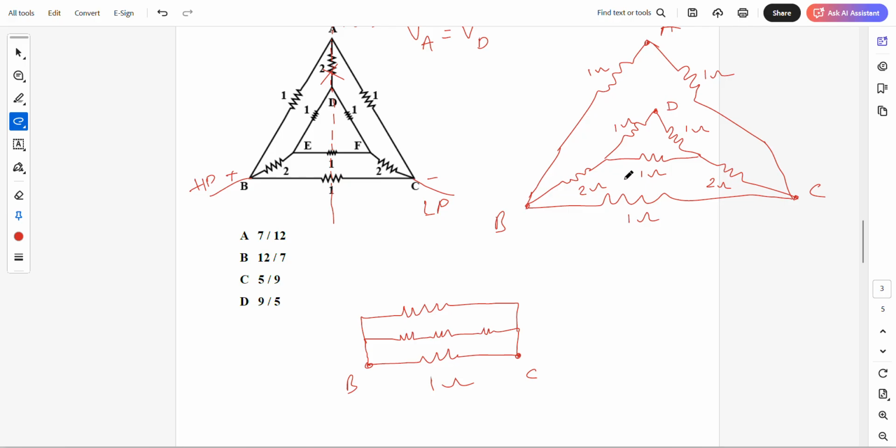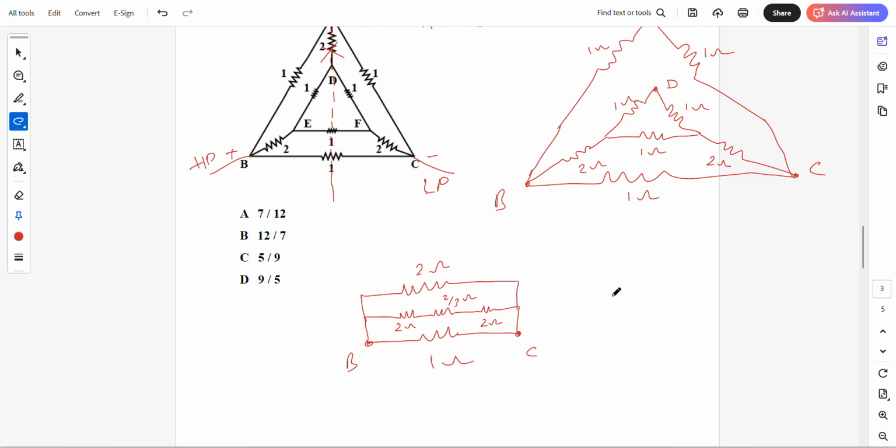This is 2 ohm, right? This is 2 ohm. This is 1 plus 1, both are in series, so 2 ohm. This is 1 in parallel with 2, which is 2/3 ohm, right? 2/3 ohm.